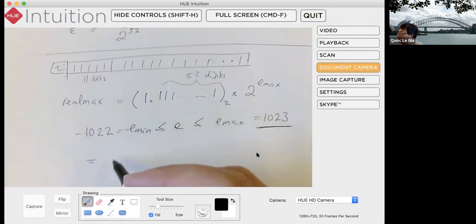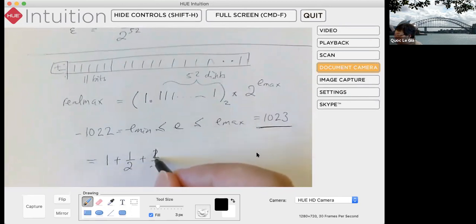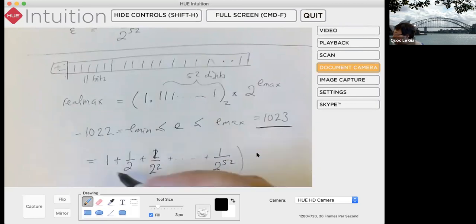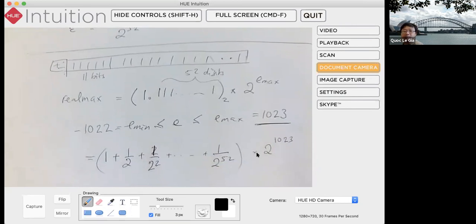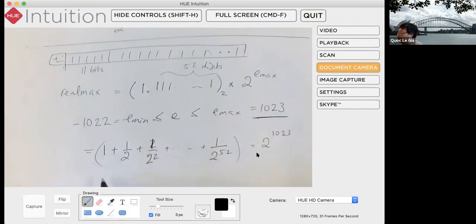In terms of decimal, this will be 1 plus 1 over 2 plus 1 over 2 squared, plus dot dot dot up to 1 over 2 to the 52, and then multiplied by 2 to the 1023. And if you remember the geometric sequence from first year, what is this number?